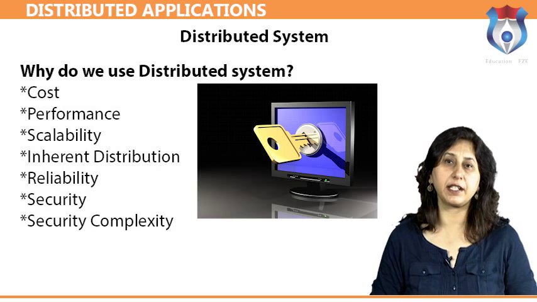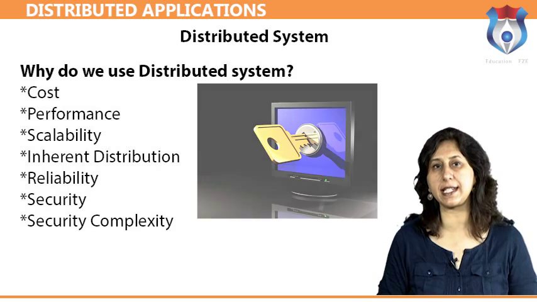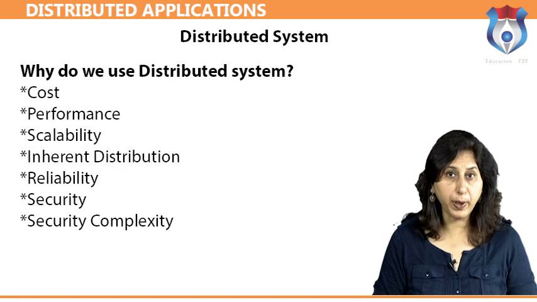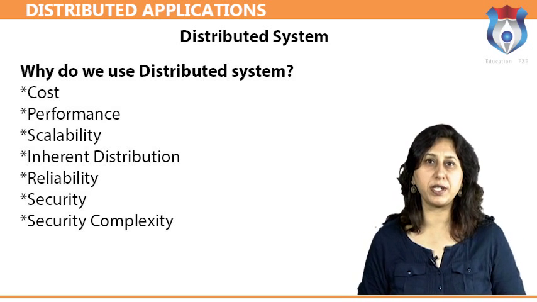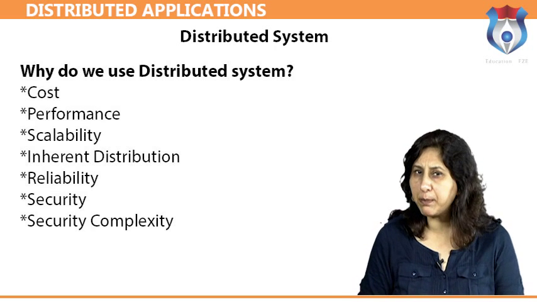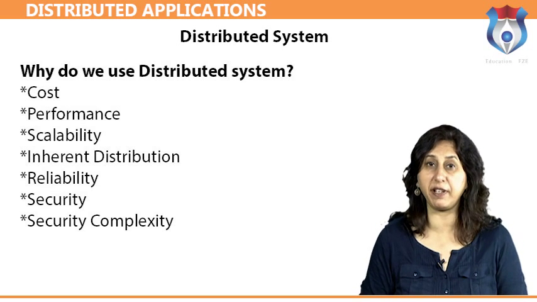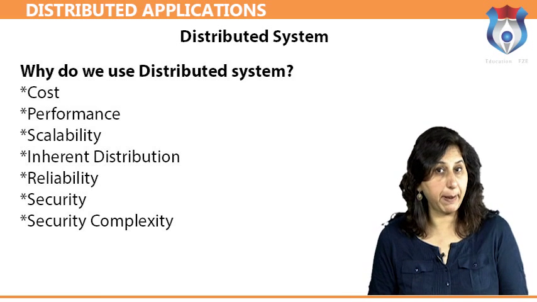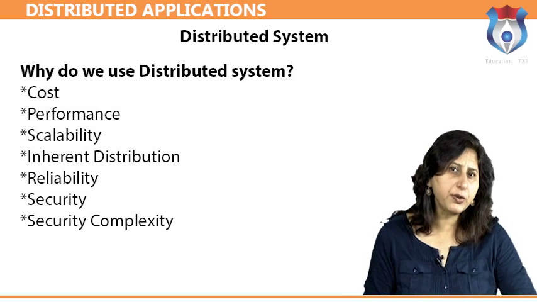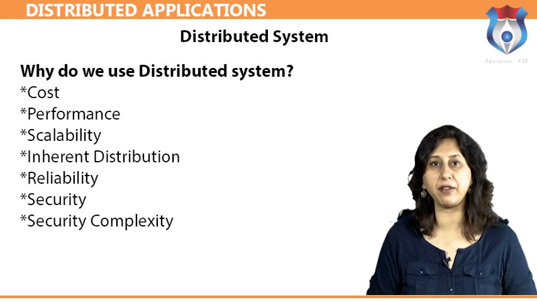This makes it easier to compromise distributed systems. Software complexity: as will become clear throughout this course, distributed software is more complex and harder to develop than conventional software. Hence, it is more expensive to develop and there is a greater chance of introducing errors.